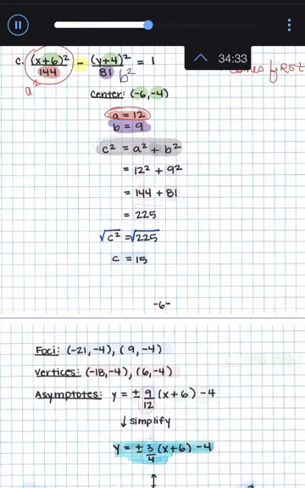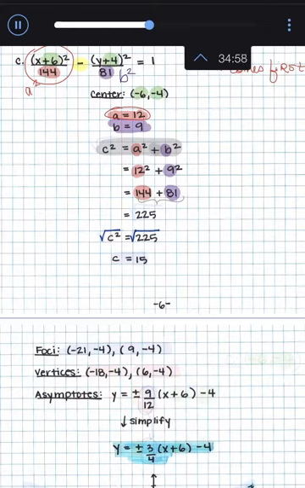And again, we said a from the major axis was 12, so 12 squared is 144. b was 9, and 9 squared is 81. Now we can go ahead and add our a squared plus b squared, so 144 plus 81, which is 225.